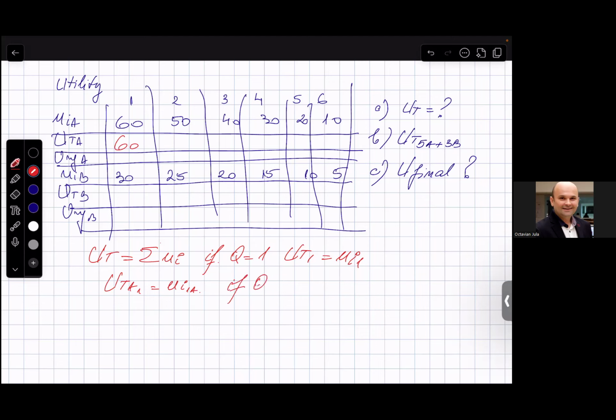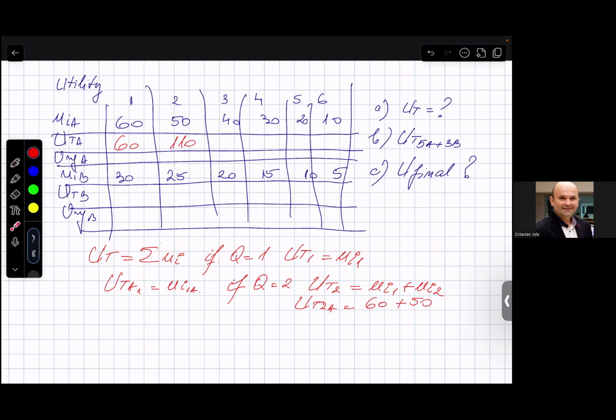If the quantity in consumption is 2 units, then the total utility of 2 units is the first individual utility plus the individual utility of the second. In the case of product A, the total utility is 60 plus 50. So in this case, it's 110.